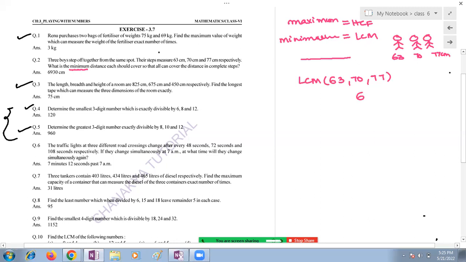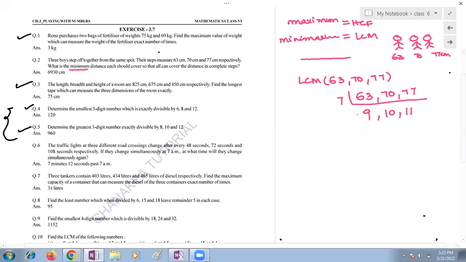All the numbers are divisible by which table? 7. 7 9s are 63, 7 10s are 70, 7 11s are 77. Now, no common factors remain. If you want to go further, you can try the 3 table, but 10 is not coming in the 3 table, so 11 you can. Further, you can try the 2 table, but 5 and 11 are not divisible.